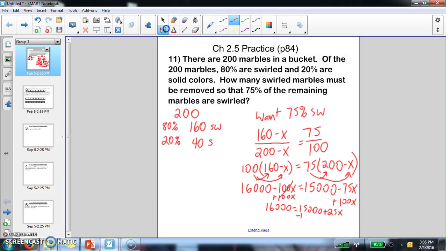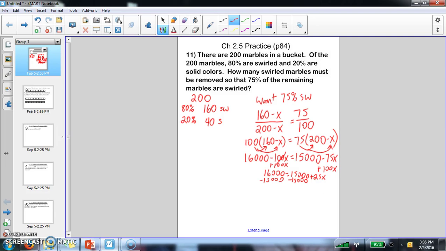So then if I subtract 15,000 from both sides, I get 1,000 equals 25x. And then when I divide by 25, 1,000 divided by 25 will give me 40.